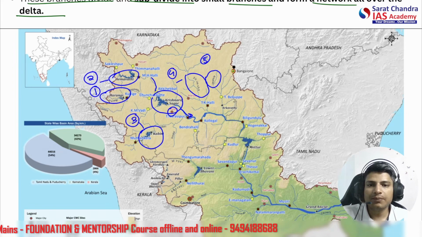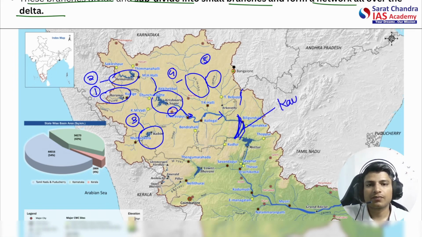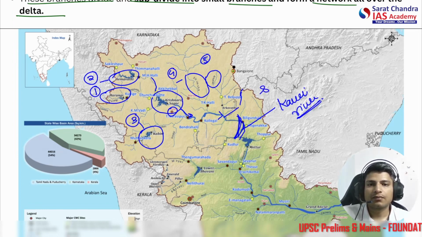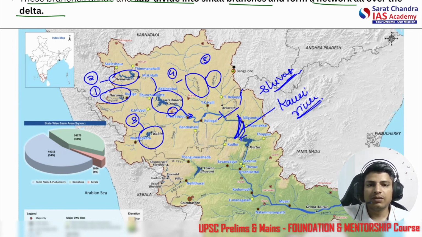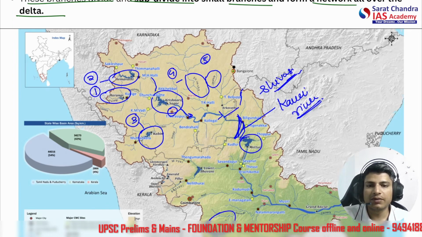We saw this already. Moving further forward, what we see, this natural boundary between Tamil Nadu and Karnataka was created with the Kaveri river. Alright, the Shivasamudram falls are here. Okay, what we see, the Mettur reservoir here, and then we saw different rivers like Amravati here.